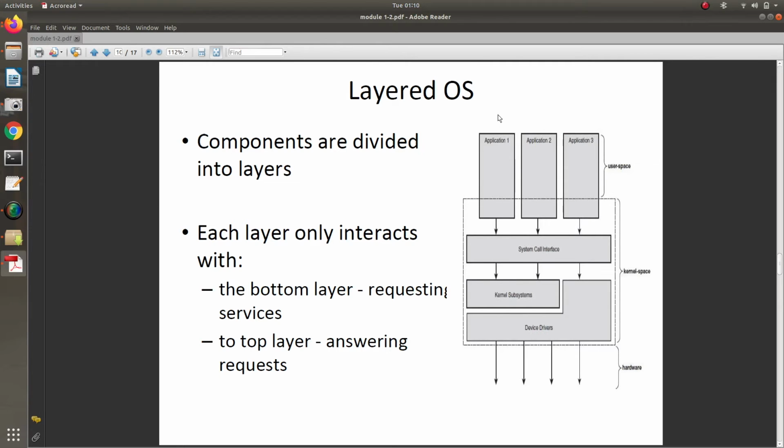So the application performs a system call, which goes to the kernel, either to the kernel subsystems or to the device drivers directly, because we are already in the kernel space. If it's going to a kernel subsystem, it further calls the device driver, or else it directly calls the device driver, and the device driver helps us execute the process in the hardware.